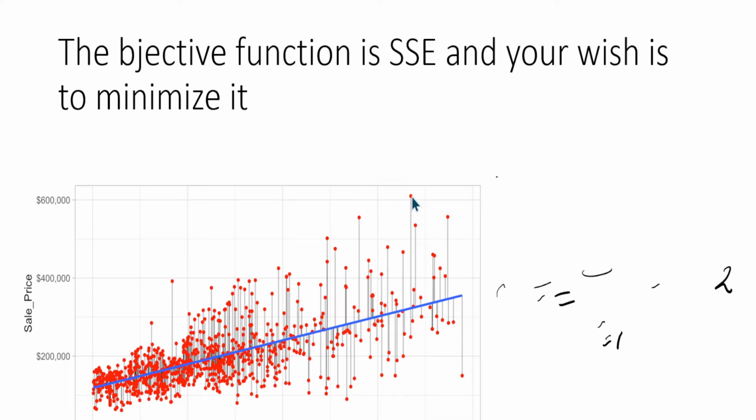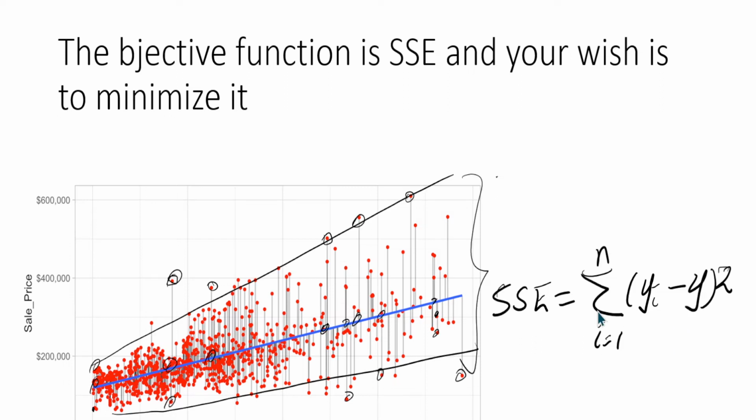The error is the distance between the observed value and the predicted value. You take the observed value minus the predicted value, square it, and sum from i to n, because we have many observations up to n. That's what the sum of squares tells you.